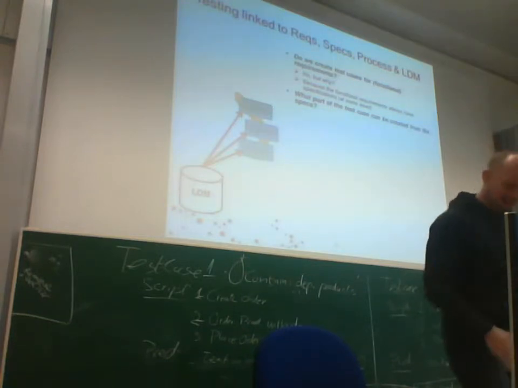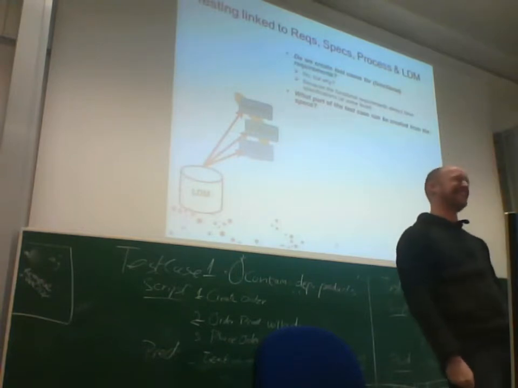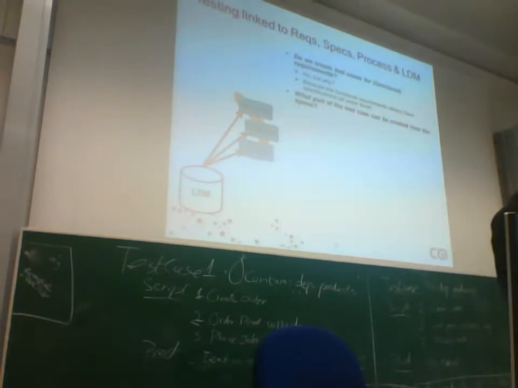You didn't hear? You're not paying attention. Oh, you thought they were going to answer. Sorry, I'll repeat. They say you can create the start state, the initial state, and you can create the predicted outcome, but you cannot create the script. Why is that?